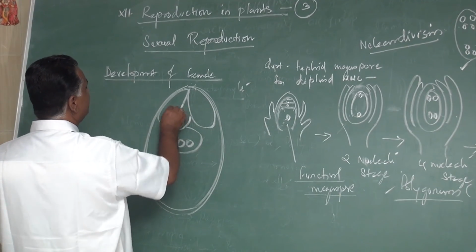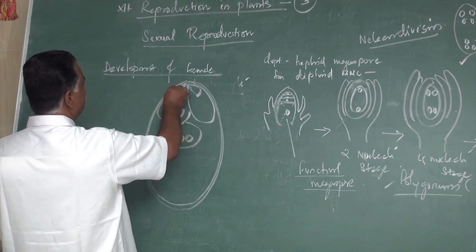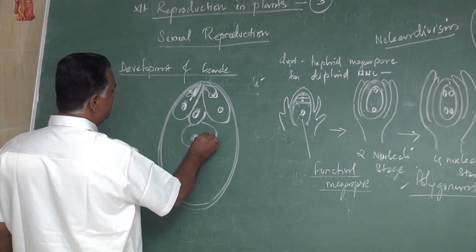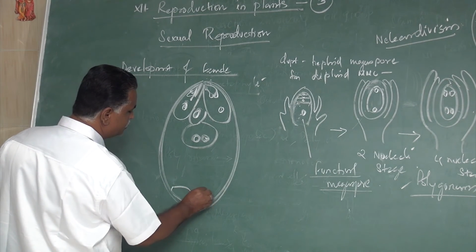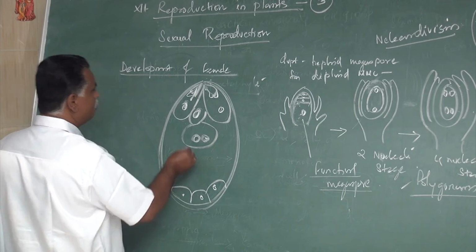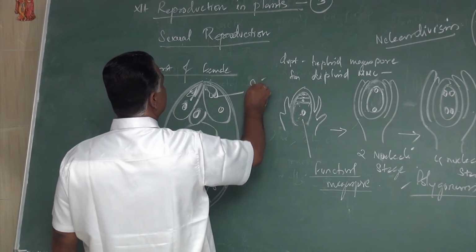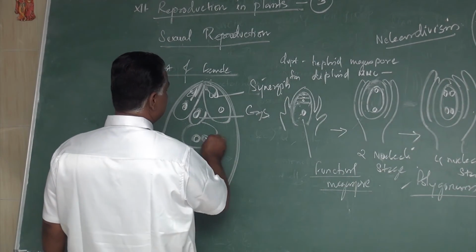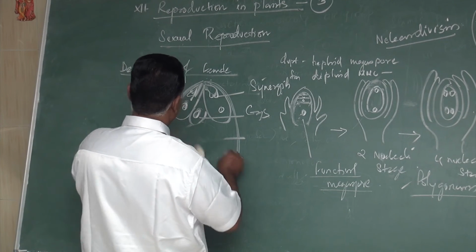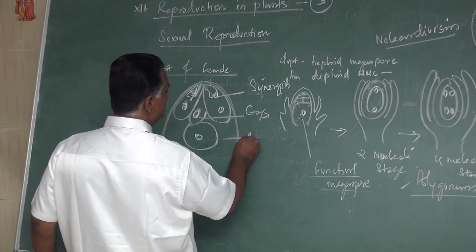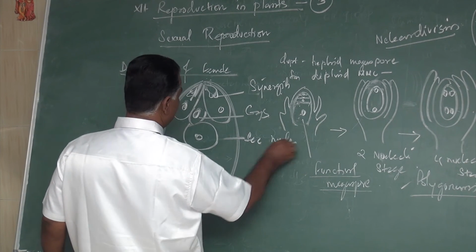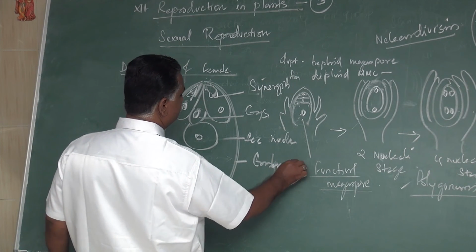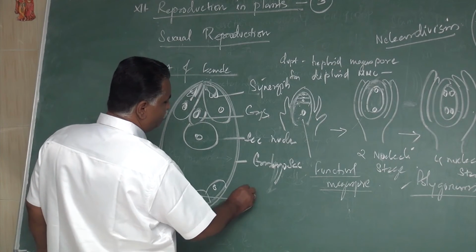This is the egg, synergids, secondary nucleus, and here antipodals. This is the embryo sac.